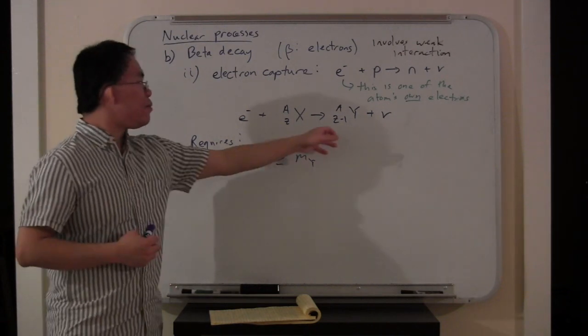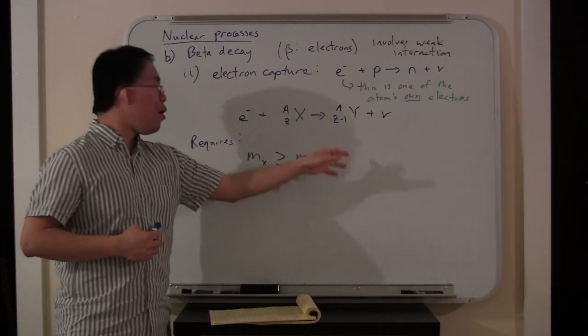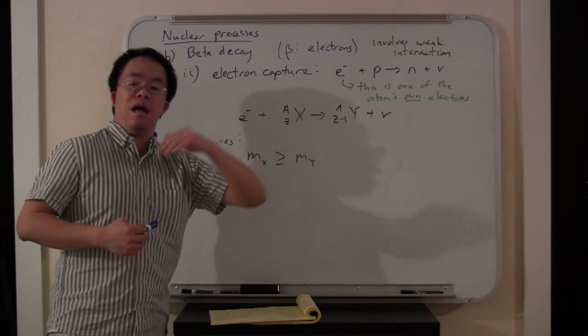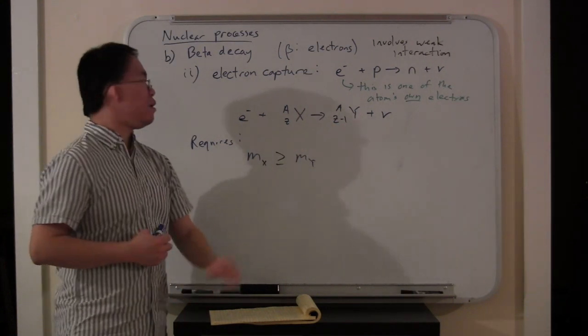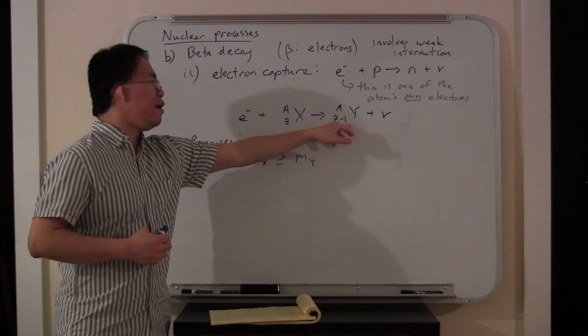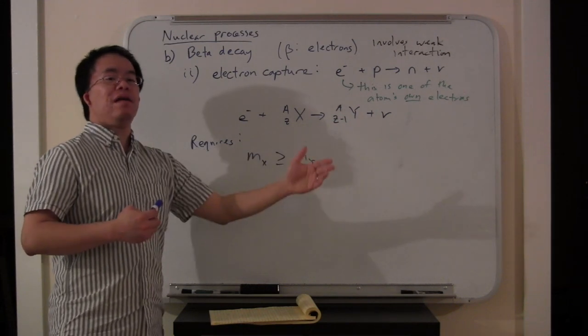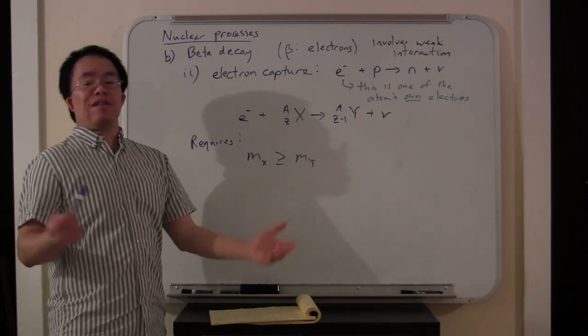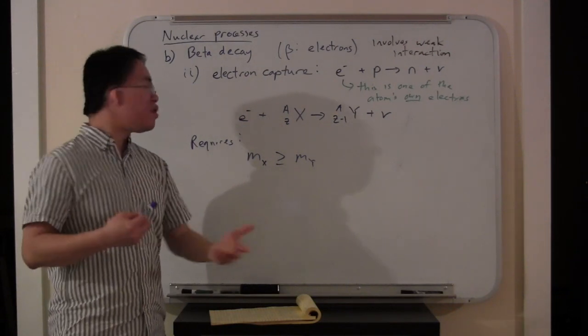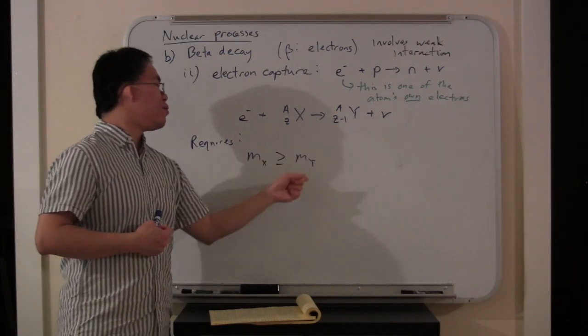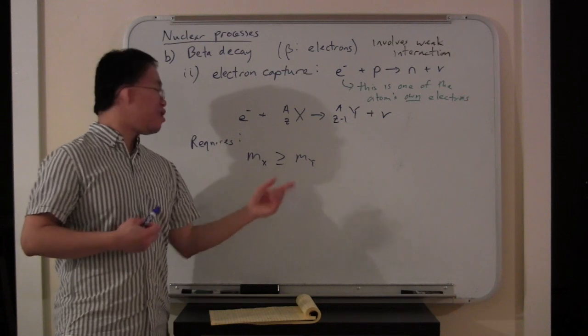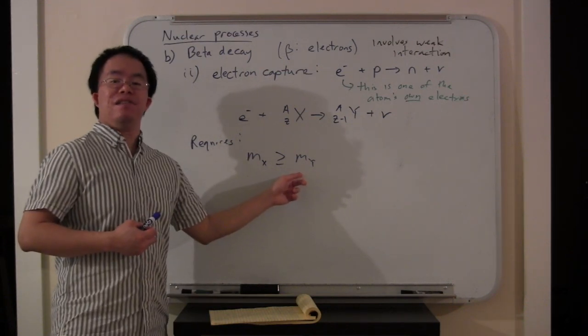And then we lose an electron here overall, but because the atomic number has gone down by 1, an atom of the daughter Y has the right number of electrons. There are no extra or missing ones to account for, and so we can just look at its atomic mass here.